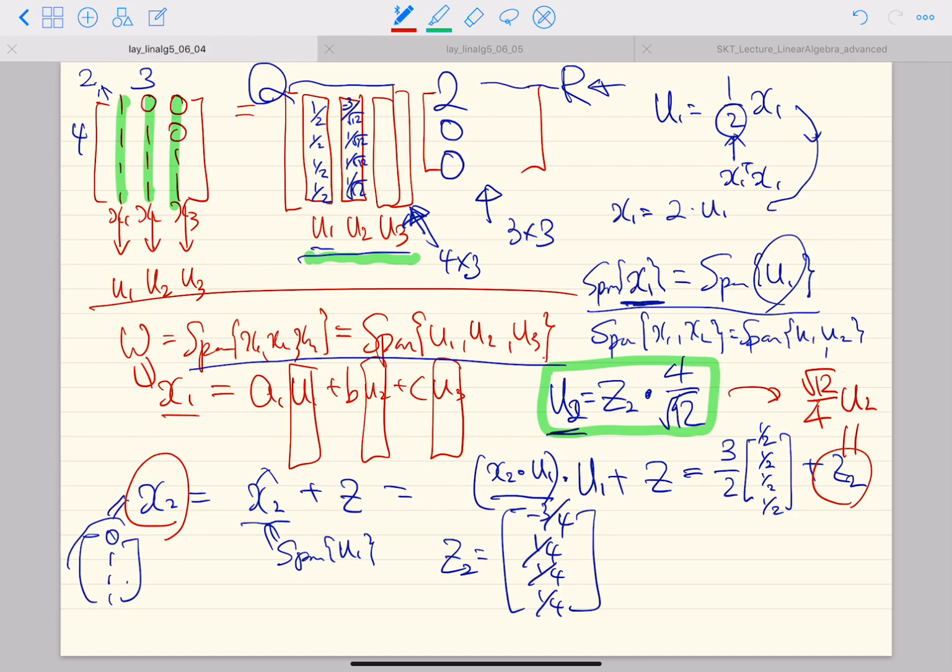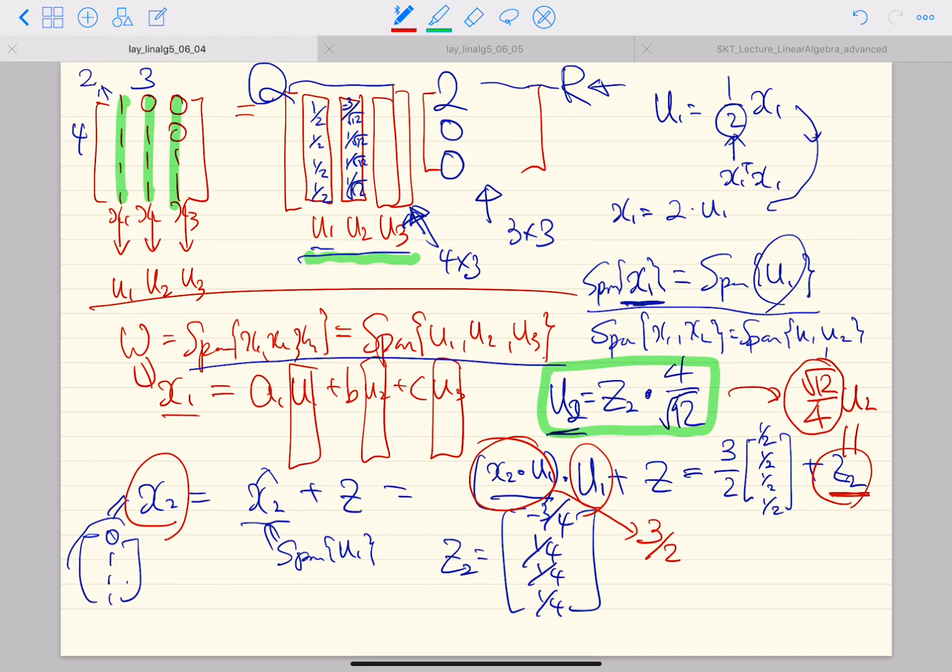x2 is u1 times this guy. Okay, so what was that value? This value, right? And this is the linear combination coefficient associated with u1. And what about z2?